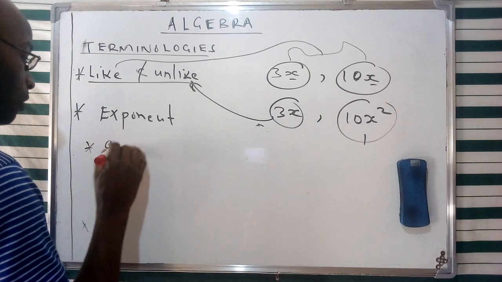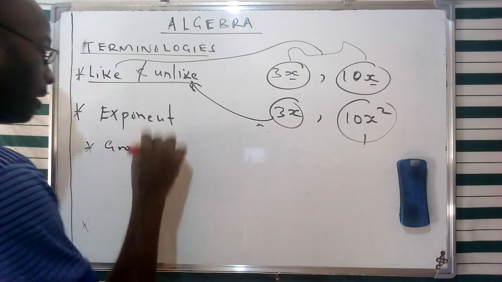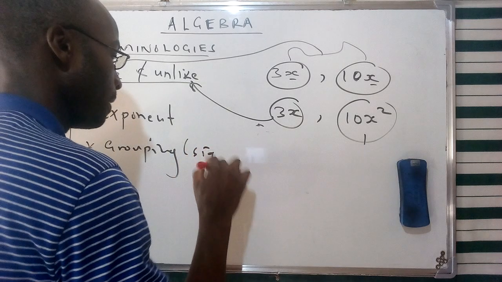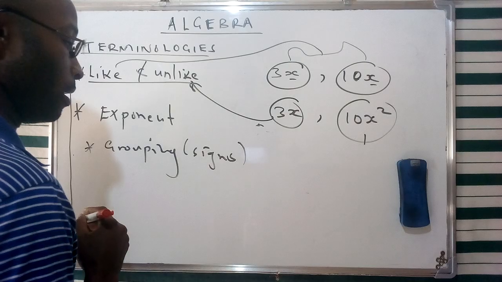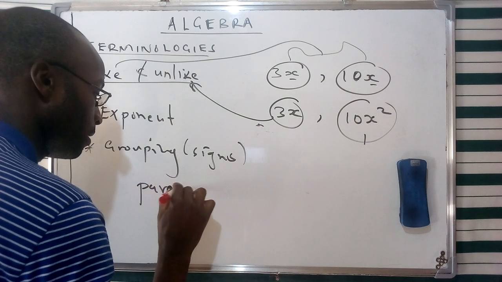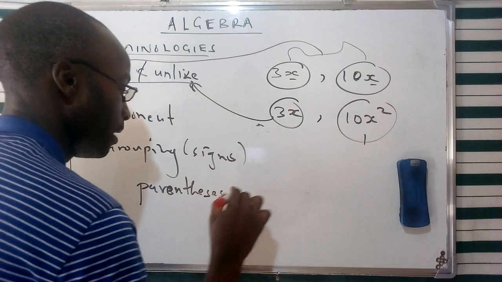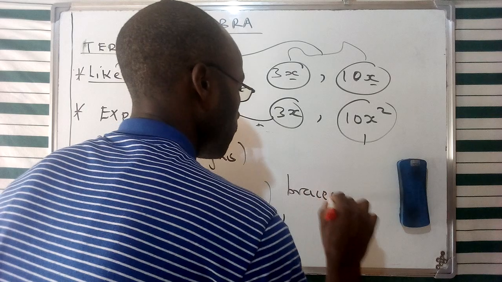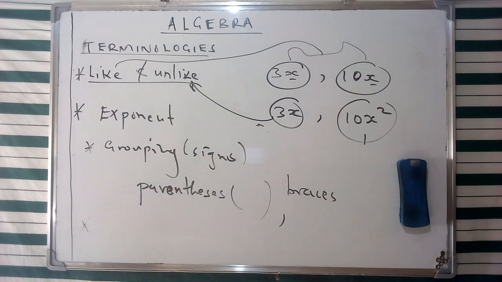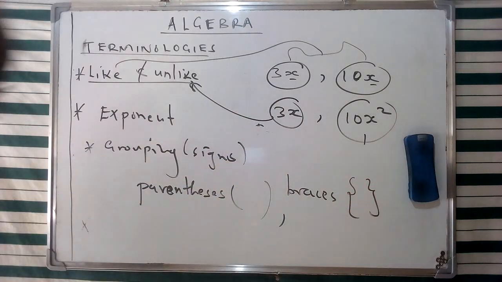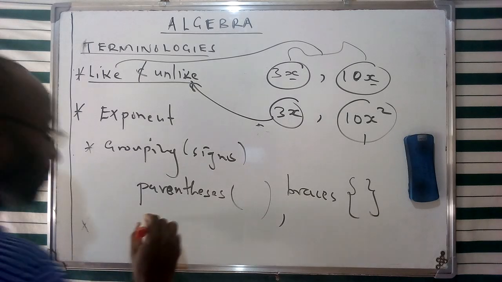These constitute signs of grouping, which are the parentheses, given in that specific order, and then we have what we refer to as braces, also given in that specific format, and then we have what we refer to as brackets.